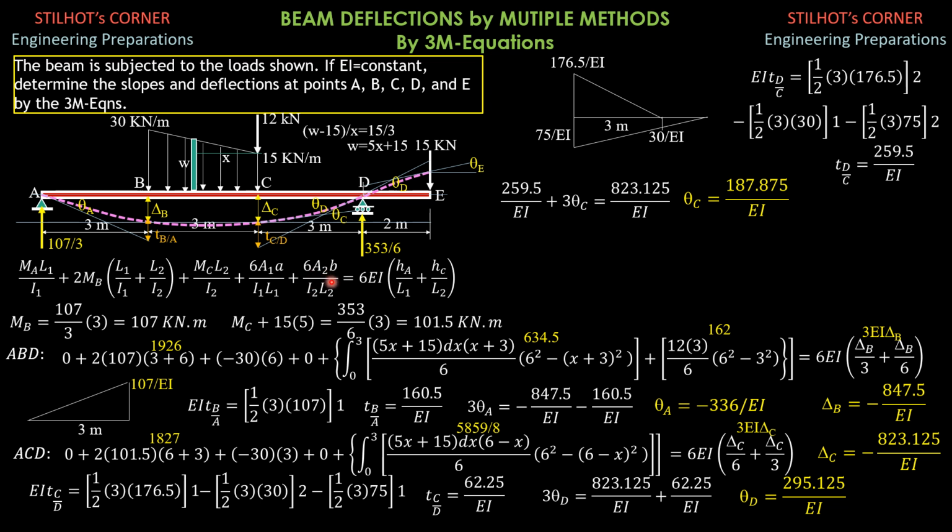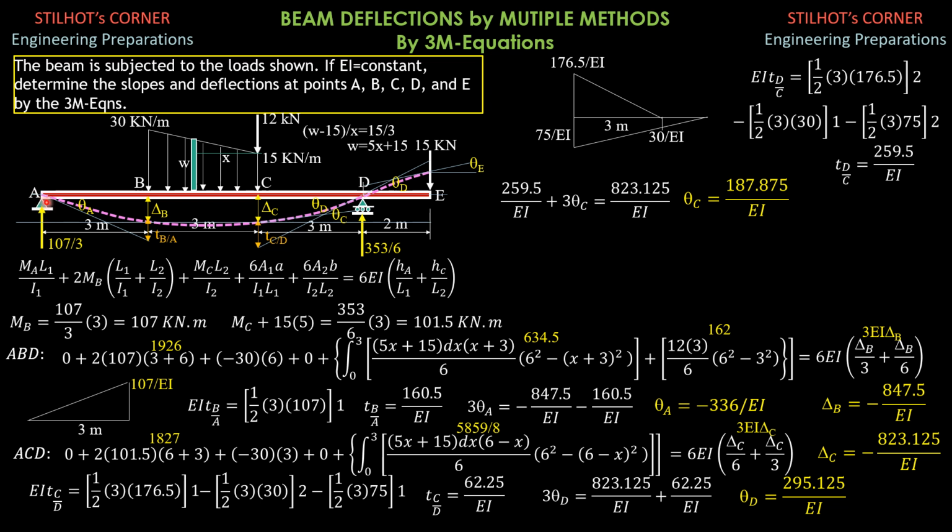Moment diagram by parts by treating each segment as simply supported, then with respect to point C. So that's the meaning. Then 6 EI times quantity HA over L1. This is the vertical distance of point A from the reference horizontal line through B. So for example, if we consider ABC, then this is the horizontal line through point B on the elastic curve, then this should be HA.